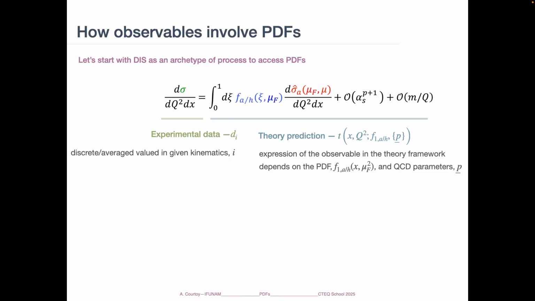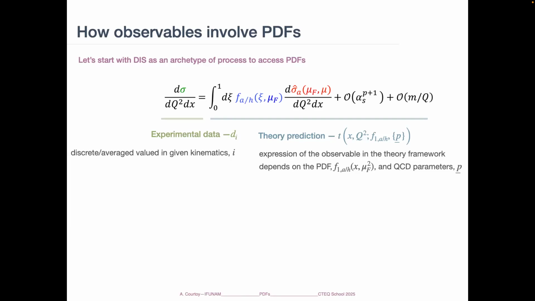So you have this theory prediction; I try to be comprehensive. T is for theory, a function of x, Q squared, the PDF, and a set of parameters that I call the vector P, and I will explain what they are. The vector P will be the parameters we take into account here, the standard model or whatever parameters we need.